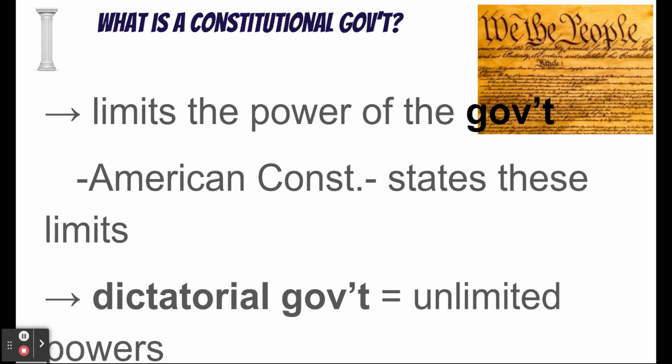So they had a king, and they feared the king. And so when the founders put together a constitution, they had that in the back of their brain. Okay, they didn't want one person to have too much power. And then some governments who have a constitution still have unlimited power for people. Dictatorial governments are an example of that.